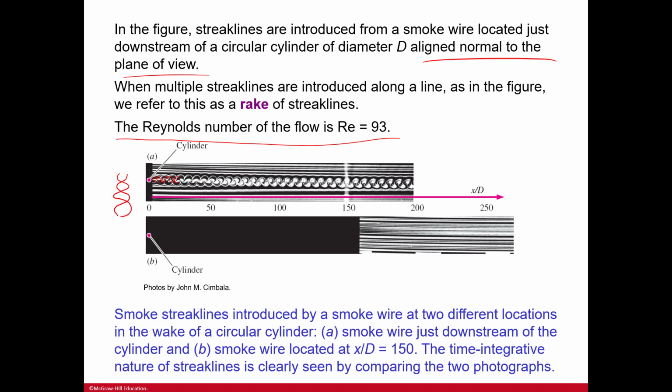Okay, and so the time-integrative nature of streak lines is clearly seen by comparing the two graphs. And so you can see here, if we're looking at A, the smoke wire just downstream of the cylinder, and then B, the smoke wire located farther away, the time integrated. So you can see the difference between the two of them, looking at the time-integrative nature.